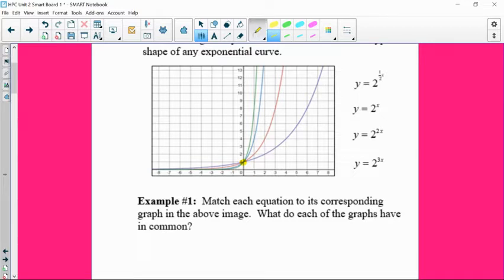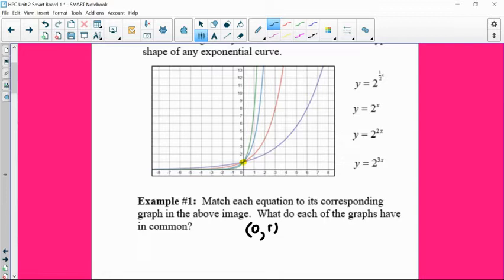That's because no matter what your expression is, when you have 2 to the 0 power, or anything raised to that 0 power, you're going to get an output of 1. So all of the exponential graphs or equations, unless you do a translation, will go through the point (0, 1) to start with.